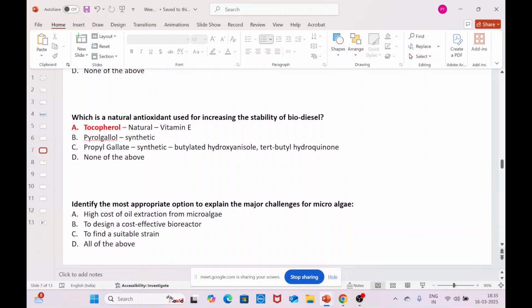Next, identify the most appropriate option to explain the major challenges for microalgae. This is an easy one, a straightforward one.